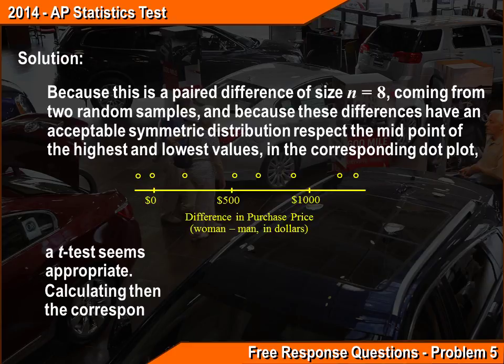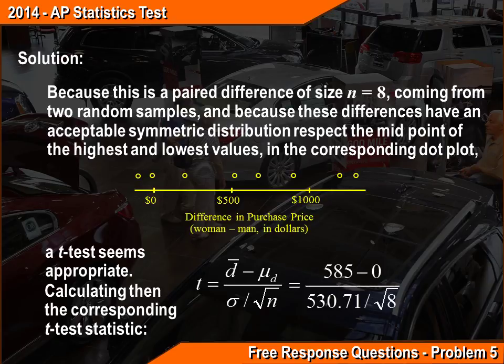Calculating the corresponding t-test statistic, plugging into this formula the values for d bar, the average of the differences of prices paid by women and men, sigma, the standard deviation of these differences, and the sample size, we find that this is approximately equal to 3.1178.